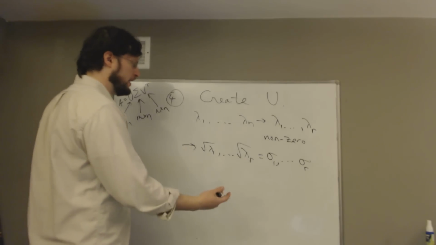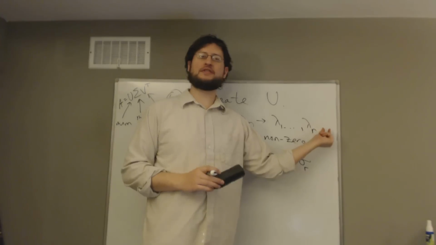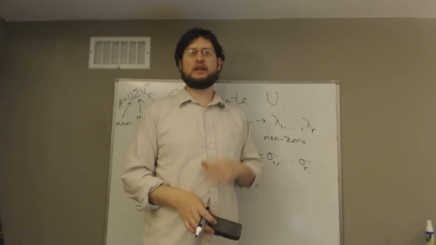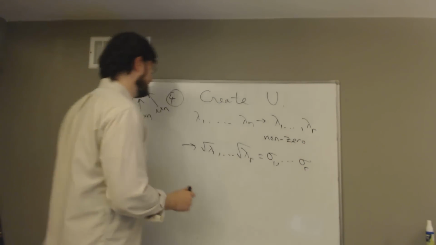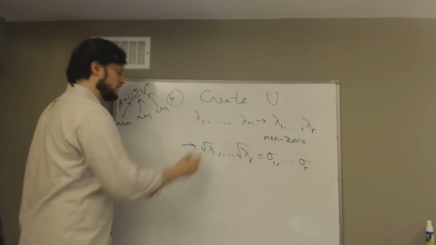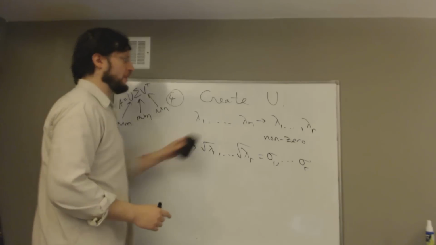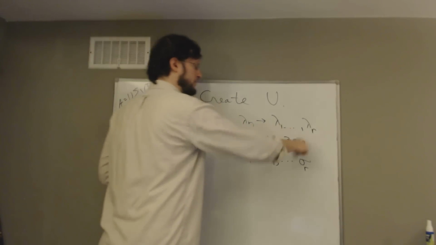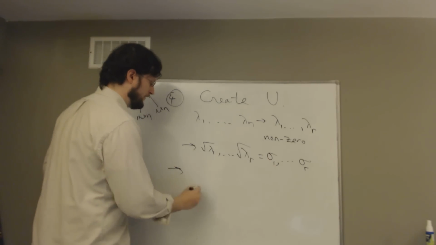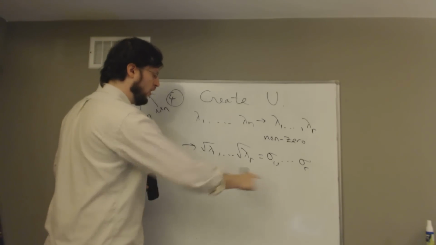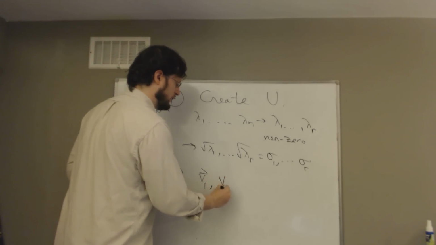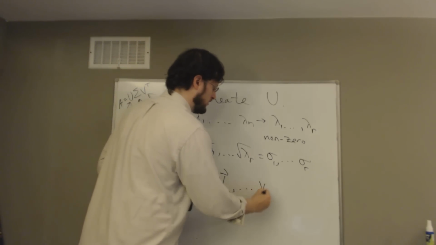Now we only have r different eigenvalues, the r non-zero eigenvalues. So what we're going to do is look at the eigenvectors v1 through vr that correspond to these non-zero eigenvalues. Now we're not going to look at all n eigenvectors, just v1 through vr.